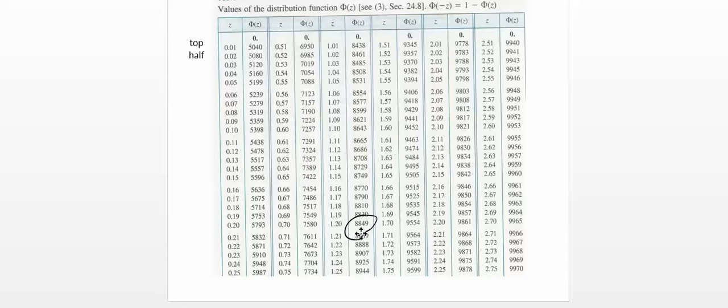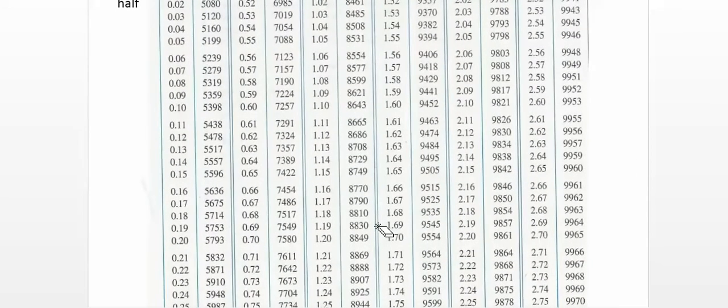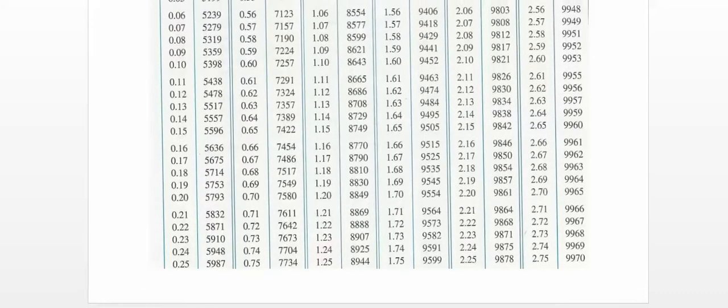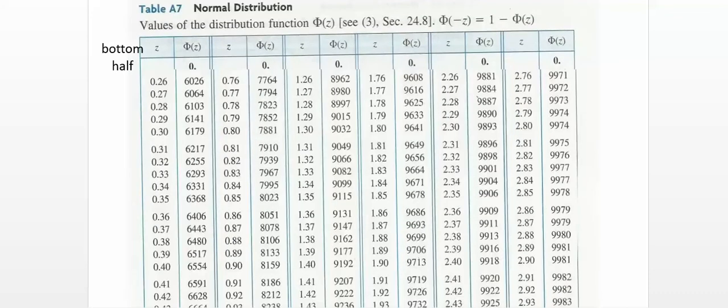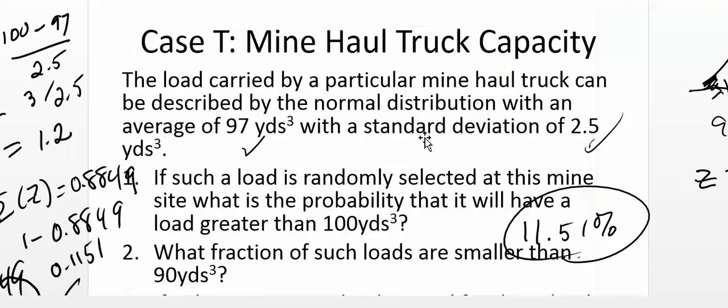In this example, we need to find the answer for 1.8, on the bottom half of the table. So we find it for 1.8. We get 0.9641.